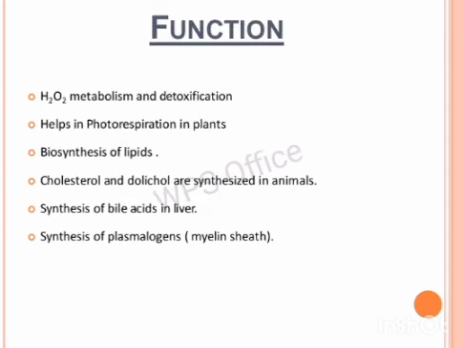Here we can see the functions: H2O2 metabolism and detoxification, helps in photorespiration in plants, biosynthesis of lipids and cholesterol, glycolipids are synthesized in animals, synthesis of bile acids in the liver, and synthesis of plasmalogens and myelin sheath. So that's it for the function.